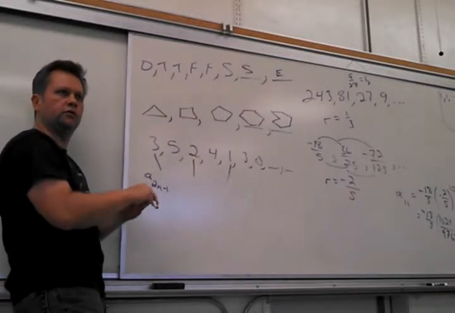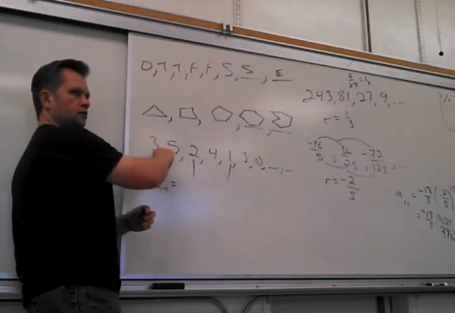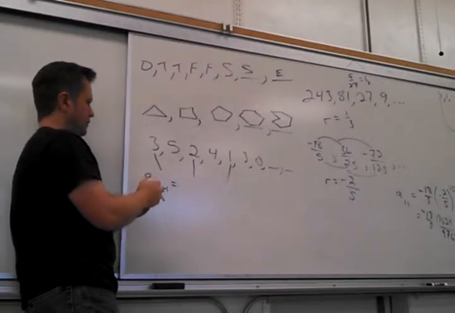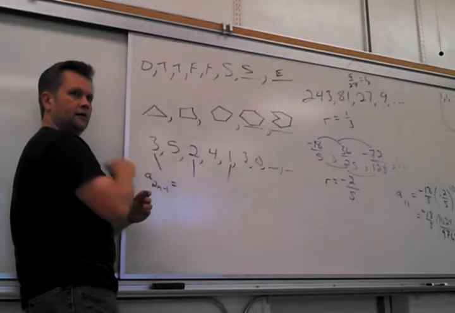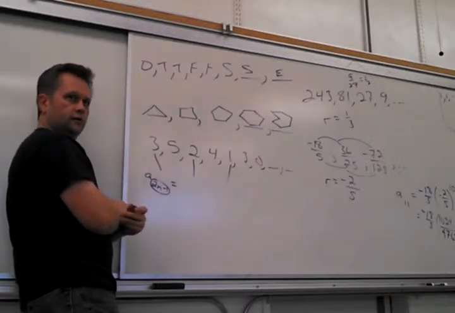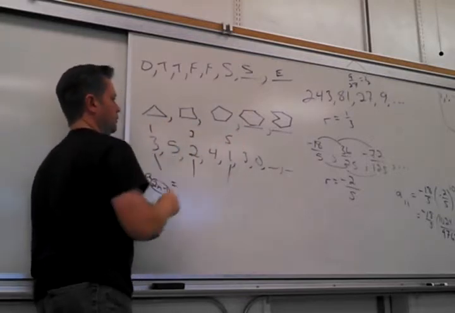That's the definition of odd numbers, right? Now this is where things get interesting. A1 minus 6 minus 1 is 5. Now you have to base it off of this guy. So a sub 2n minus 1: this is the first one, this is the third one, this is the fifth one.